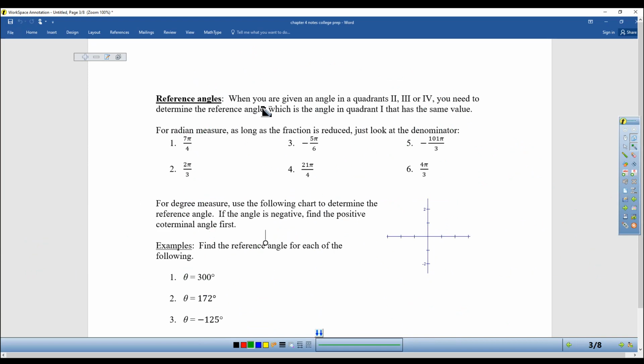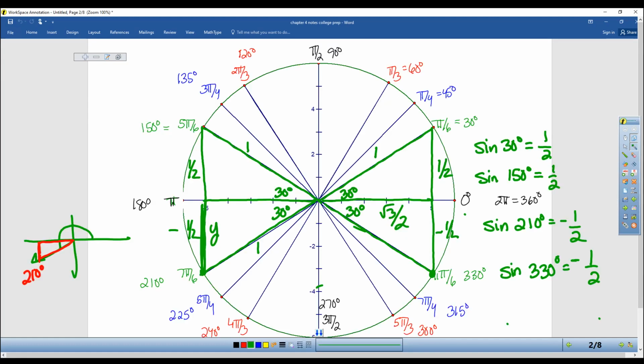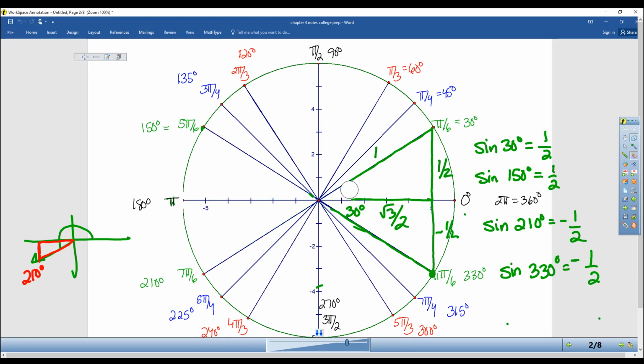So a reference angle. When you are given an angle in quadrants 2, 3, or 4, you need to determine the reference angle, which is the angle in quadrant 1 that has the same value. So 7 pi fourths. If I go back to my unit circle and I quickly erase all of these guys, you don't have to draw on this. You can just watch. Your goal is to understand this section. So just watching here would be okay.